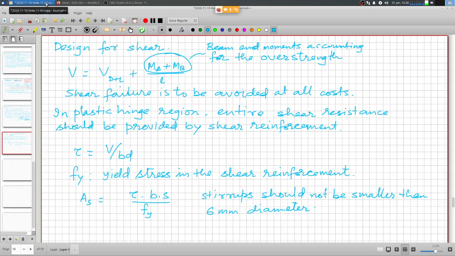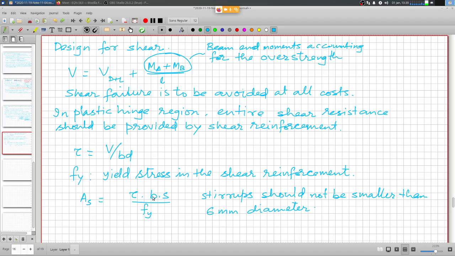So minimum diameter is of course 6 mm, but maximum diameter is limited from practical considerations. As the diameter increases, it becomes increasingly difficult to bend it into the appropriate shape in the form of ties. So maybe 6 mm or 8 mm, or at most 10 mm. You can't really go more than that, and shear reinforcement has to be decided on that.